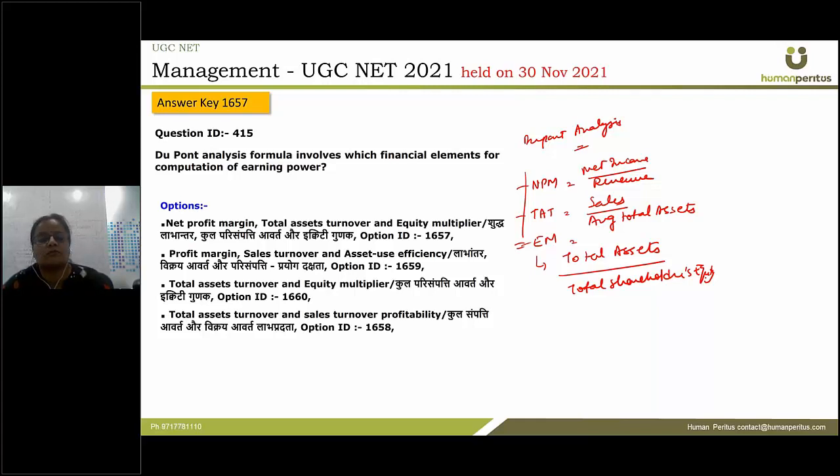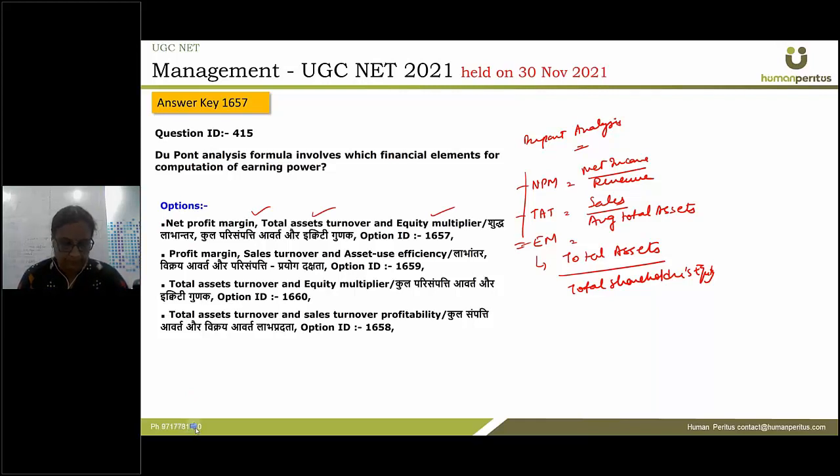Okay. So as compared to debt, how much they are financed by shareholder equity. So these are the three essential elements which will help the investor analyze the operational efficiency of a firm as compared to other firms. Okay. So definitely the answer should be the first one, because all three of them are given in the first option.